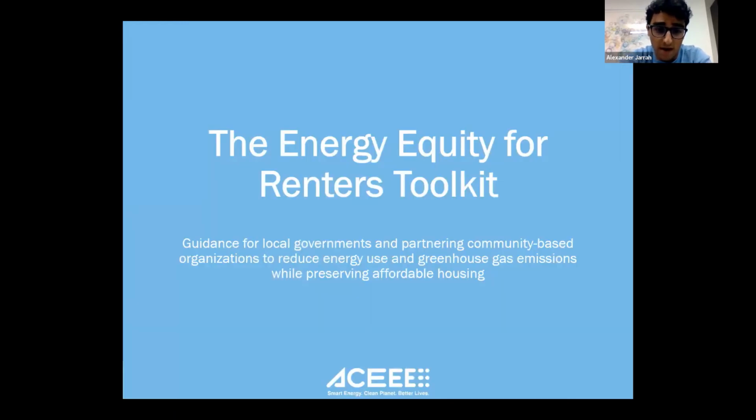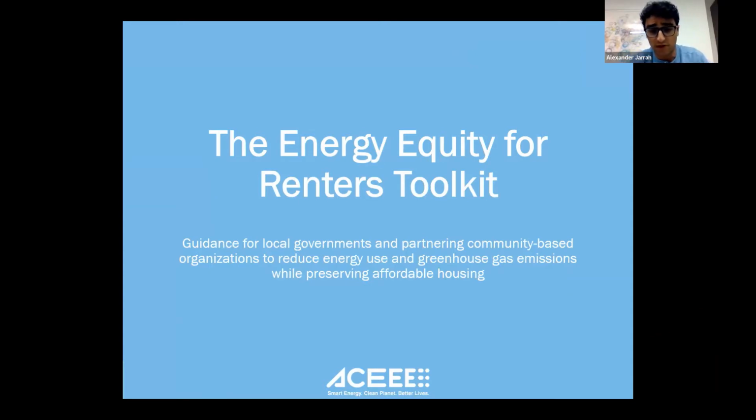So with that, I'll get into the toolkit. The general purpose of the toolkit is to provide local governments and partnering CBOs guidance to reduce energy use and greenhouse gas emissions while preserving affordable housing.